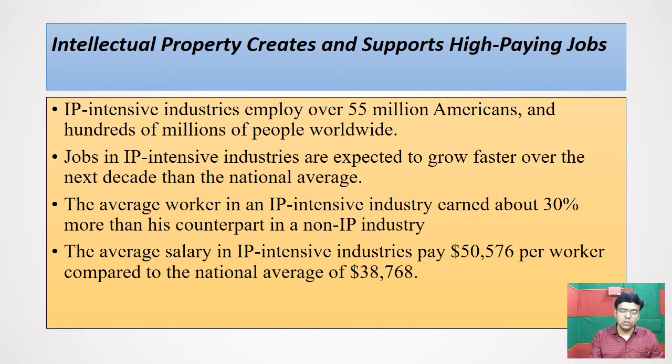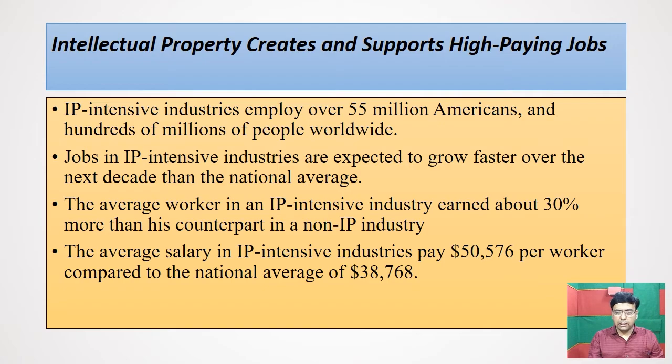Intellectual property intensive industries employ over 55 million Americans and hundreds of millions of people worldwide. Jobs in intellectual property intensive industries are expected to grow faster over the next decade than the national average.